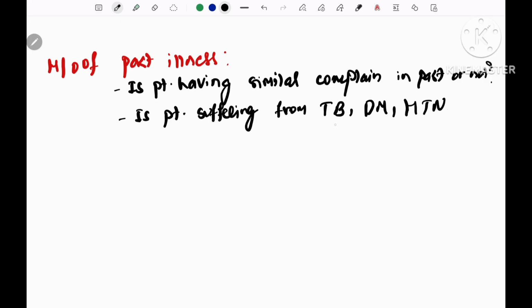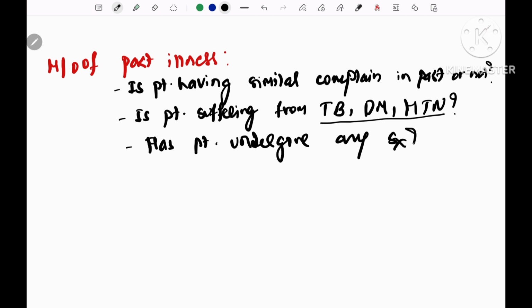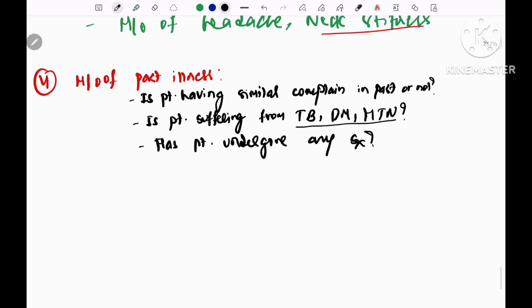These three are the most important points which we should never miss. So in the medical history, we have to ask about these three. And in the surgical history: has the patient undergone any surgery? So these are the three points which we have to ask in the history of past illness.